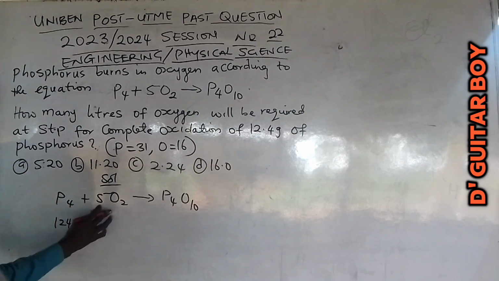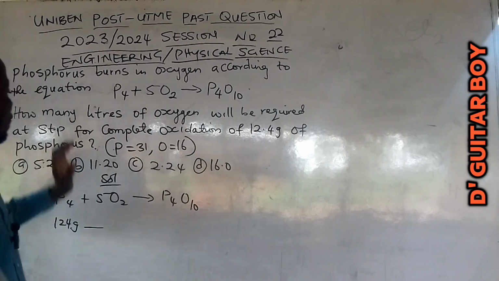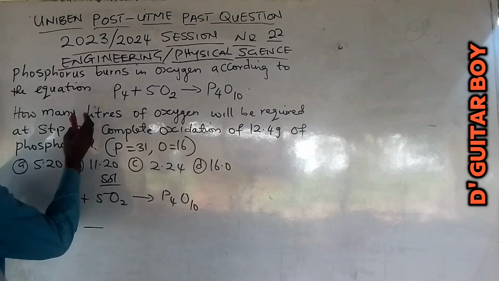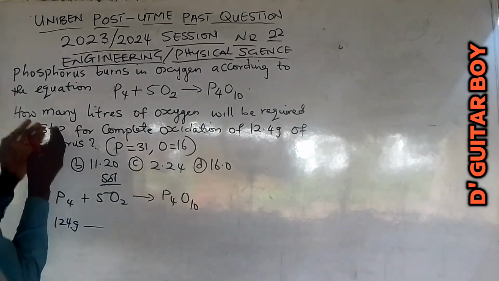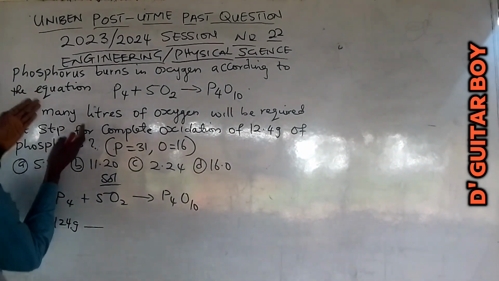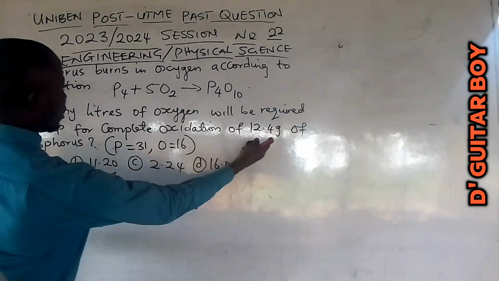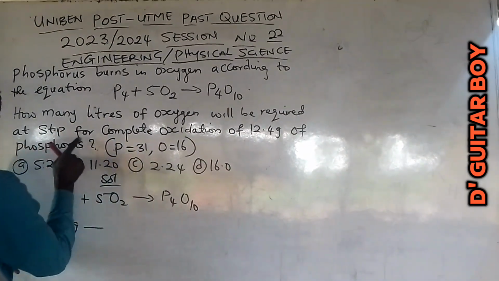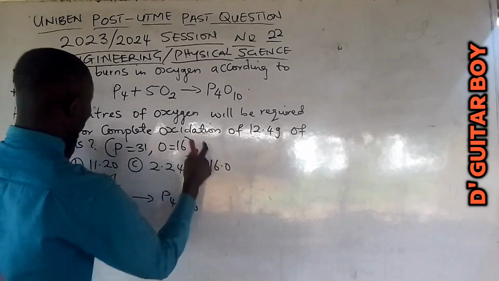Now, relating it with oxygen in volume, because they asked for liters. Besides the phosphorus to oxygen relationship, you must also know how they are related. It is a mass to volume relationship. How many liters of oxygen will be required at STP for complete oxidation of this mass?